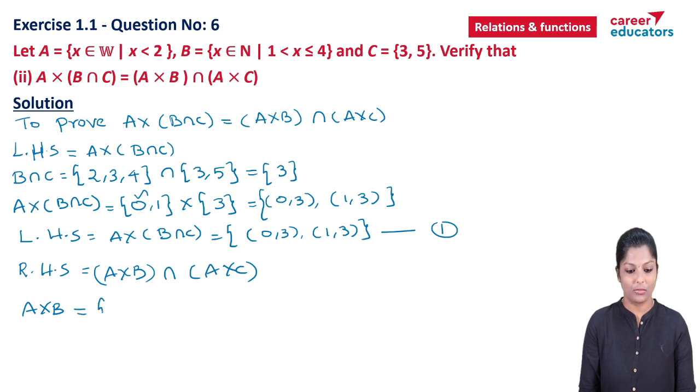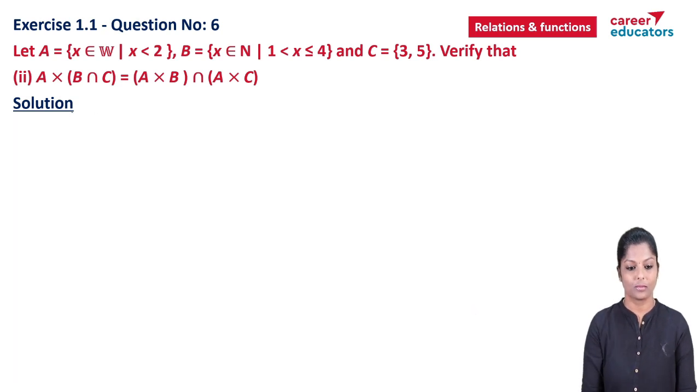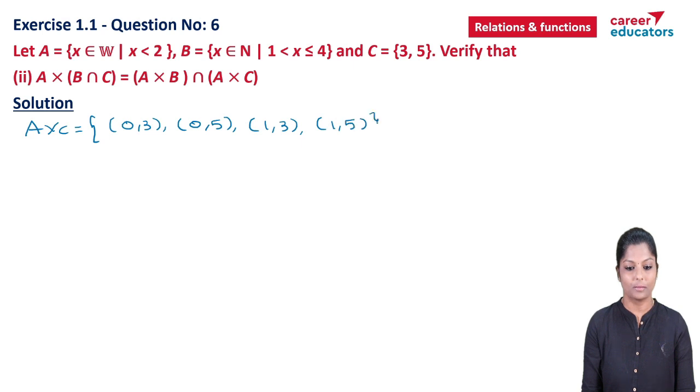A cross B equal to (0, 2), (0, 3), (0, 4), (1, 2), (1, 3), (1, 4). A cross C equal to (0, 3), (0, 5), (1, 3), (1, 5).